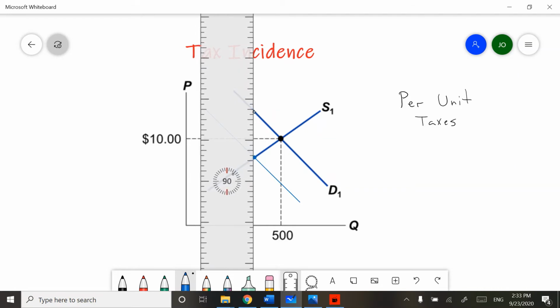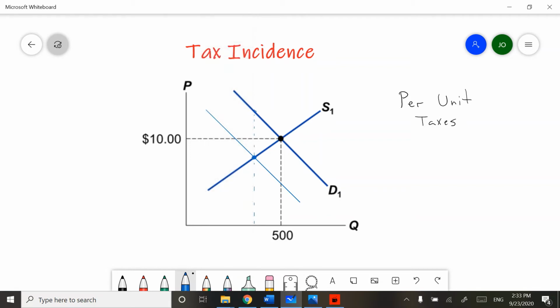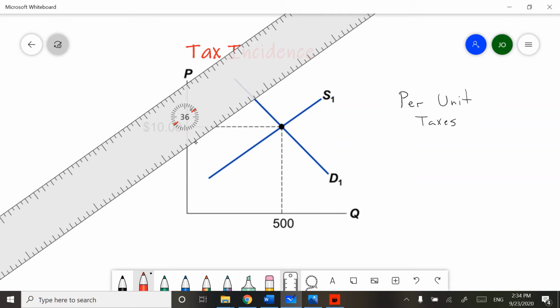This will give us a new equilibrium, which is shown here. But now we will have 2 points to assess, because at this equilibrium price we still have to put in or add the per unit tax.